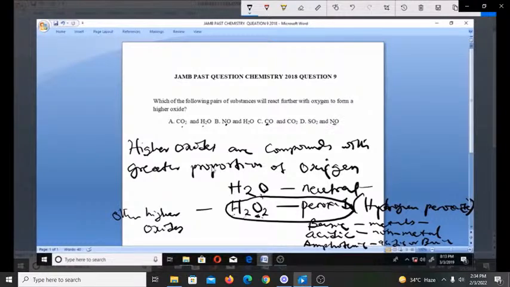And this one has plenty oxygen. So this is also a good oxide. So these two can actually oxidize something that has normal oxygen into a higher oxide. So I think option A is a suitable answer for this. D would have been because of SO2, but considering NO, that is why I picked option A.